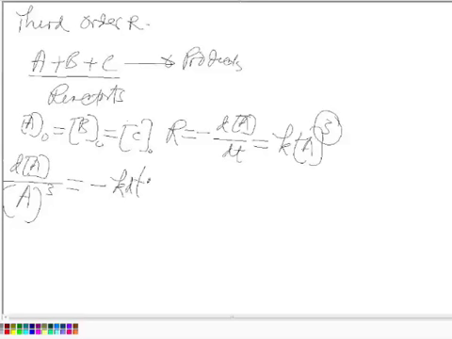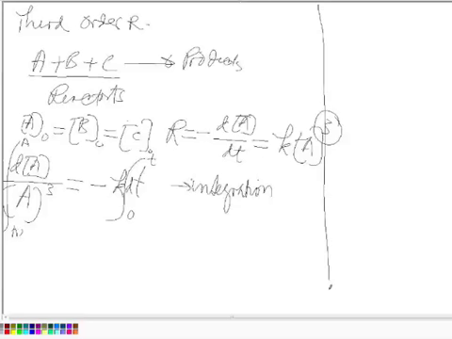Let's then integrate this equation, from 0 to t on one side and from A0 to A on the other.